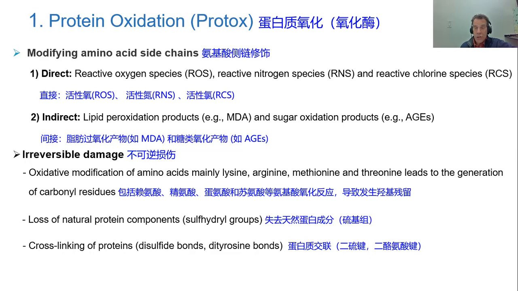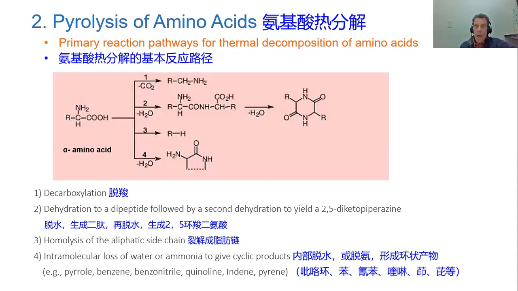They're a chain reaction that destroys things, and lysine, arginine, methionine, and threonine are sensitive to these kinds of things and will create carbonyl residues. You can actually lose sulfhydryl groups to this, and you can also create cross-linking of protein using this PROTOX reaction. We'll revisit this in a moment.